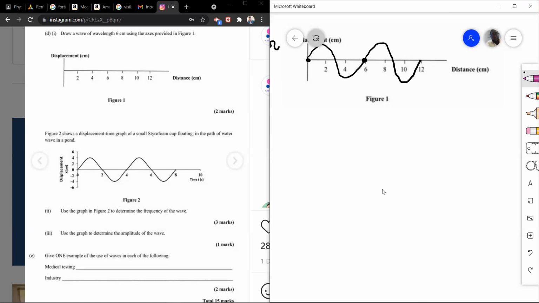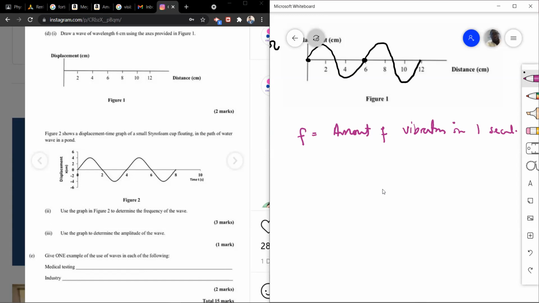So remember, frequency is the number of vibrations or oscillations in 1 second. If you look at it, I have 1 complete wave happening in 4 seconds.